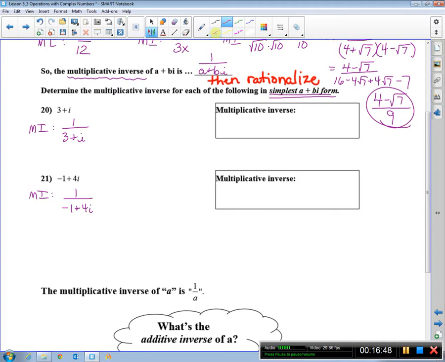Now we have some work to do. Rationalizing requires the conjugate in these cases. Conjugate of negative 1 plus 4i is negative 1 minus 4i. Remember, only change the middle.